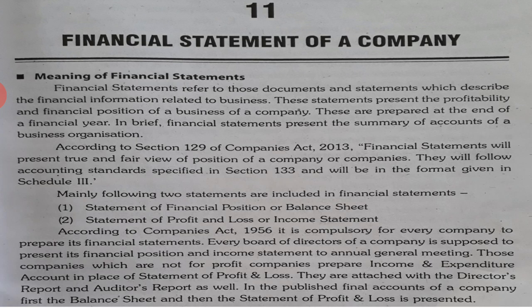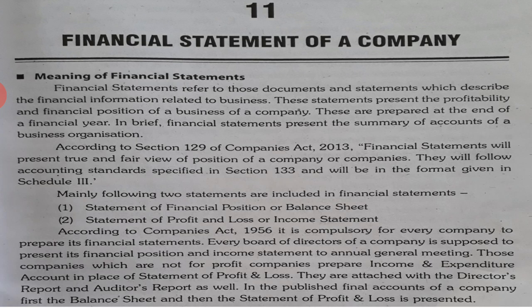So two financial statements are prepared by a company: the first, statement of financial position, that is balance sheet, and the second one is statement of profit and loss, or we can say income statement.